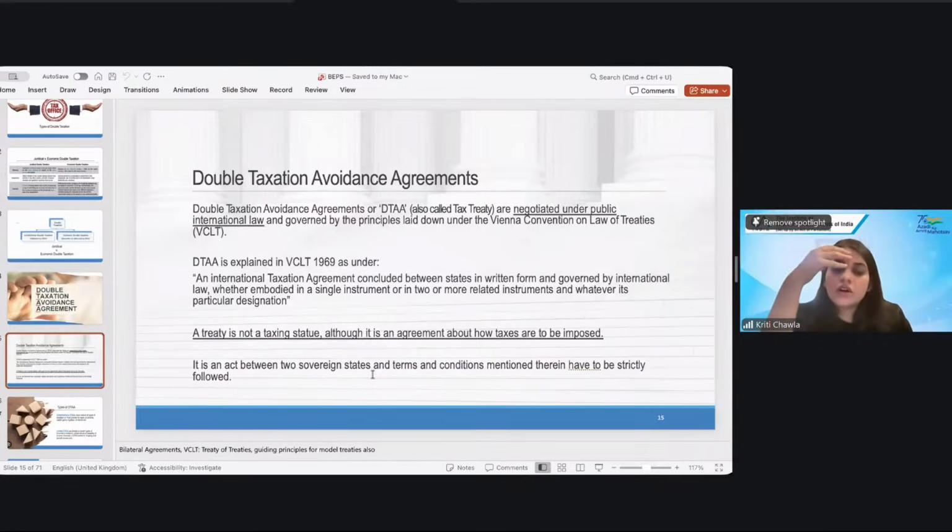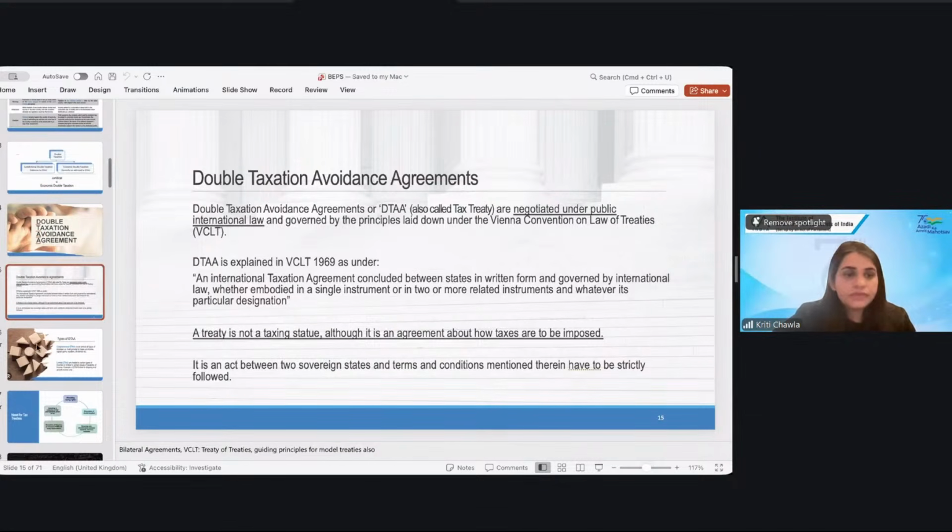It is something which is governed by VCLT. VCLT is also called as Treaty of Treaties, and this is going to provide a guiding principle for model treaties also. So it is an act between two sovereign states, and whatever are the terms and conditions which are mentioned in the DTAA, they are to be strictly followed.